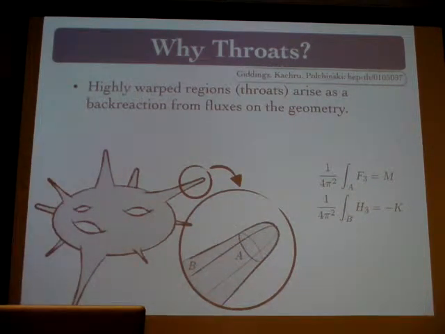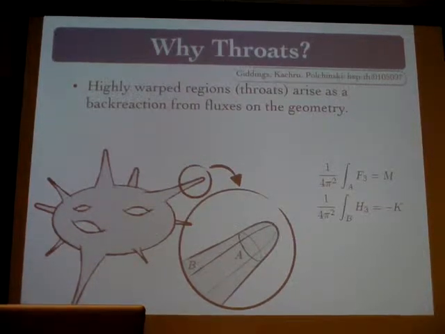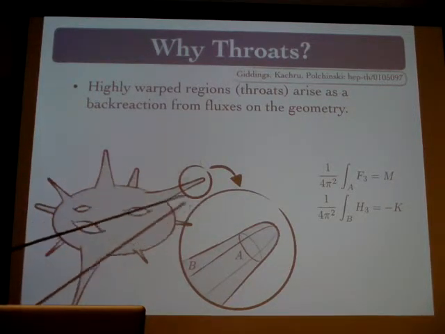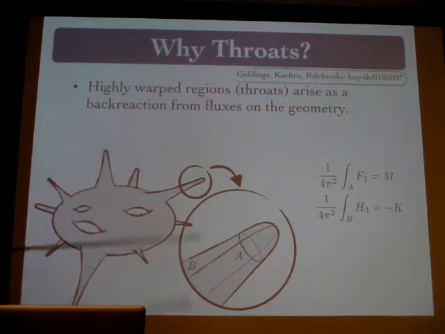But just as in electromagnetism we have electric and magnetic fluxes, we can also have fluxes for these fields. And it turns out that these fluxes play a very important role in string compactifications. Just as in electromagnetism, these fluxes carry an energy density, therefore they gravitate. And in fact, these highly warped regions, these throats, actually arise as a back reaction from these fluxes on the geometry.